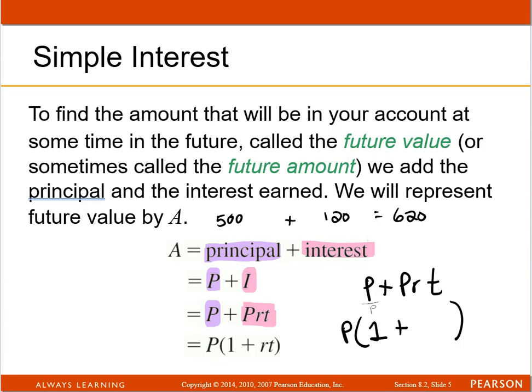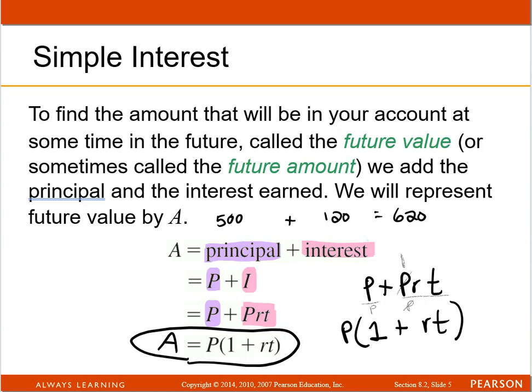Plus, and then if you take the PRT and divide it by P, P over P does cancel, that's a 1, but 1 times R times T is just RT. And that's how they came up with this formula here. A is equal to P times 1 plus RT. Again, it's on your handout that I showed you earlier.